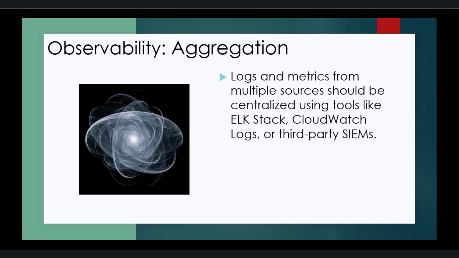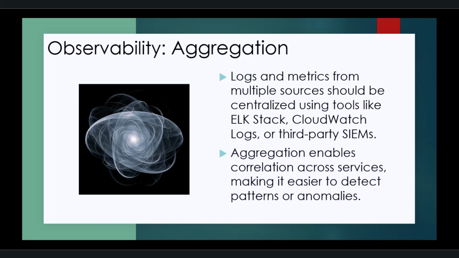And there are also others, from SolarWinds and other companies. Aggregation enables correlation across services, making it easier to detect patterns and anomalies. Remember, when an event or an incident happens, it's probably going to trigger multiple logs, alarms, and alerts from multiple systems. So you have to collect them, correlate them, aggregate them, and deduplicate them.